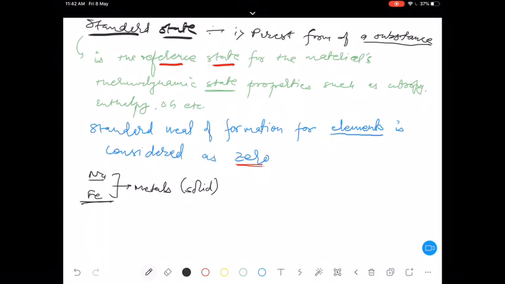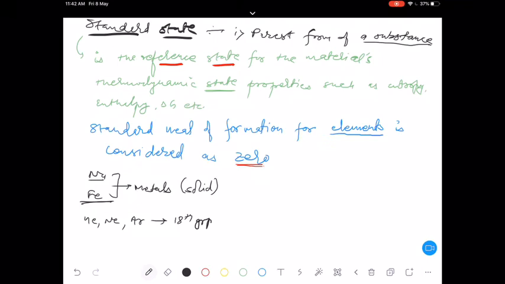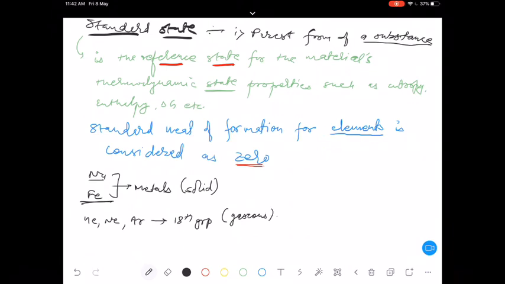Now the standard state for noble gases such as helium, neon, argon, or the 18th group, will be the gaseous state.